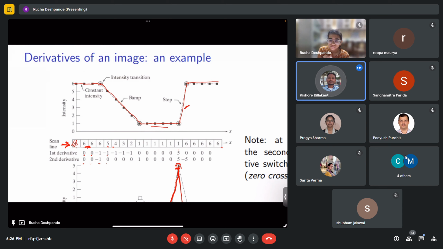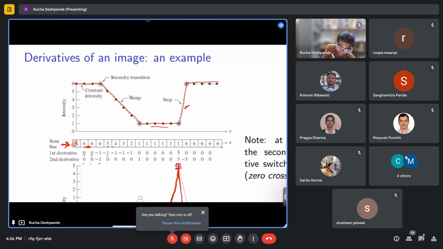To get the first derivative of the fourth DN value, we have to consider the difference between the third DN and the fourth DN, right? So it should be 0, but we are getting -1 there. This is the difference between these two, 2 and 3. This is 0 here. Next, you have 6 to 6.